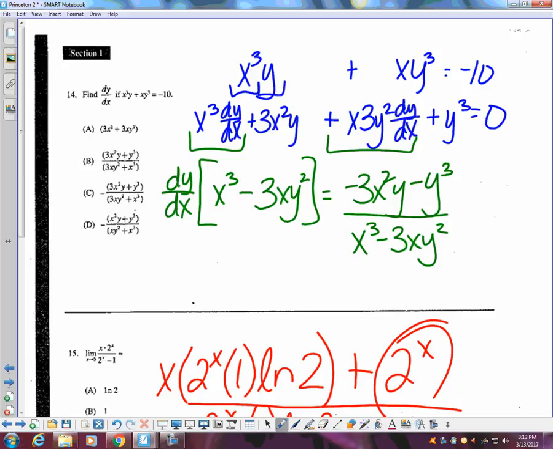I'm missing a, I don't know. That's a positive, isn't it? I'm right there. Okay, now, yeah, pull a negative out of the top, and it turns into what number? What letter? C.